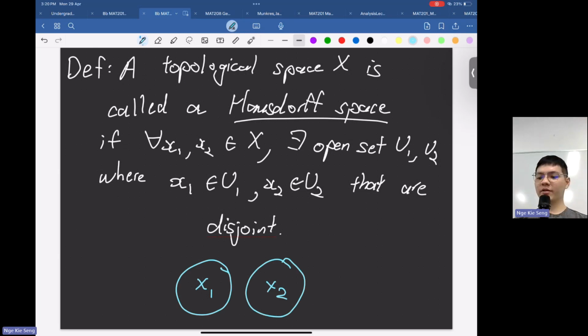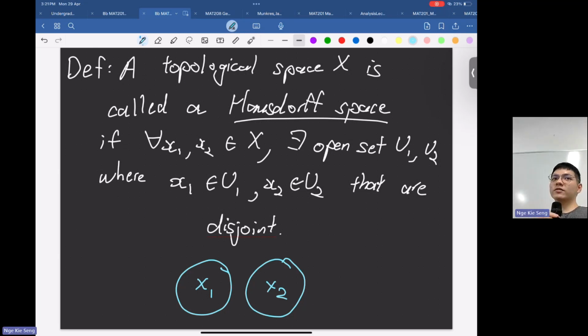In a metric space we use open balls, but in a topological space, we use open sets here. And surprisingly, if a sequence Sn of points in a Hausdorff space converges to a point X, then this X is unique.